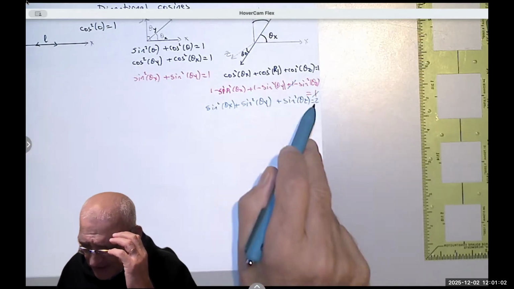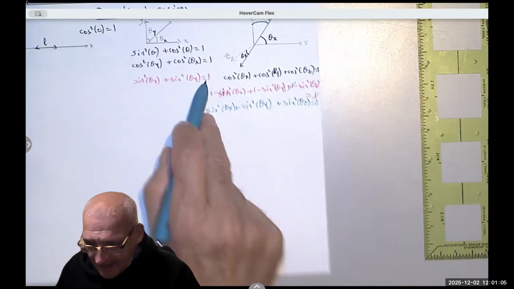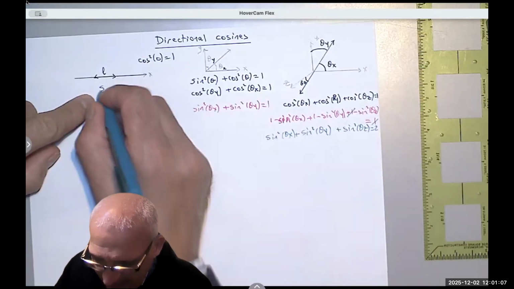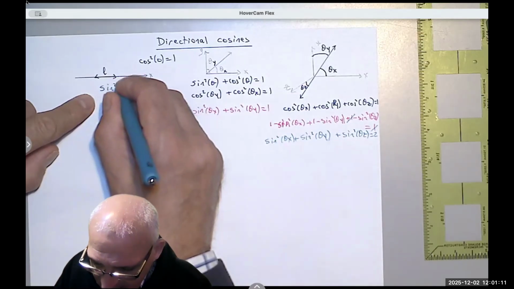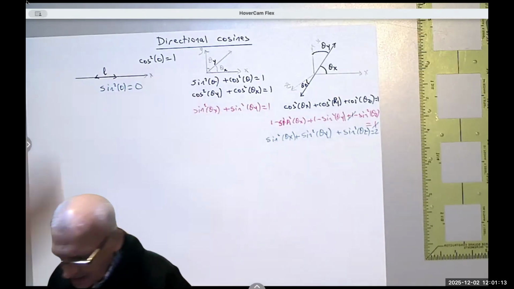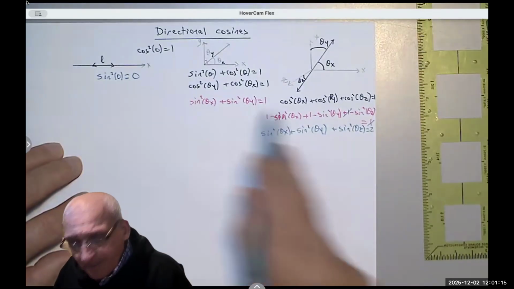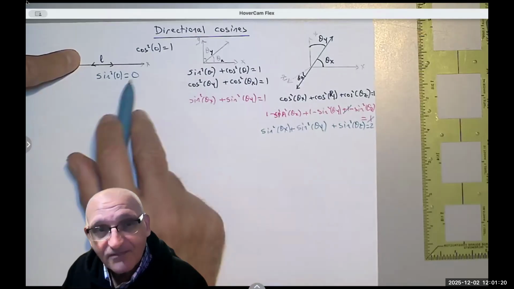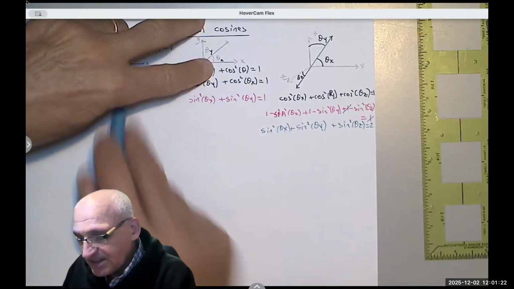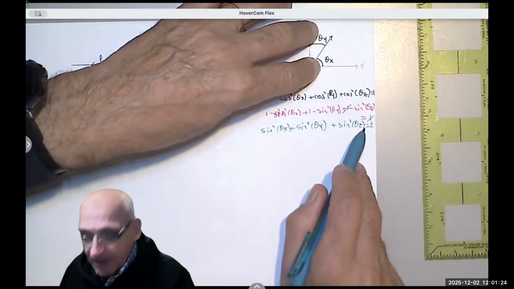So it was 2 here, it's 1 there, and if I come here, the angle between L and the x-axis is 0, and sine square 0 equals 0. It keeps increasing by 1. When I was in 1D, the sum square of the sine is 0. In 2D, it's 1. In 3D, it's 2.